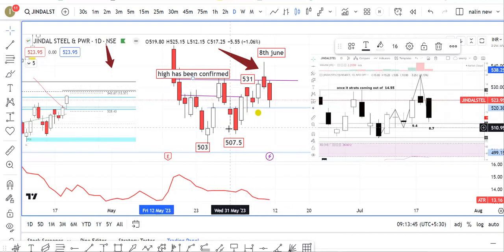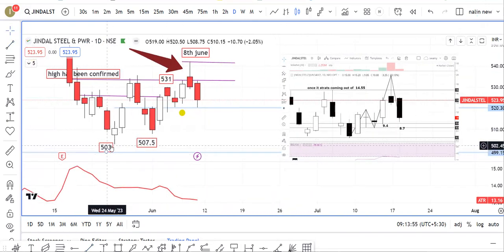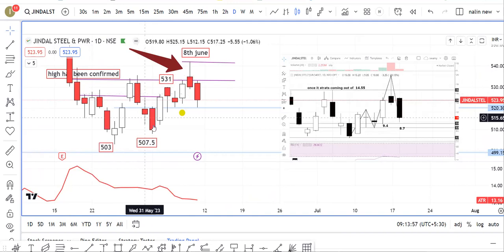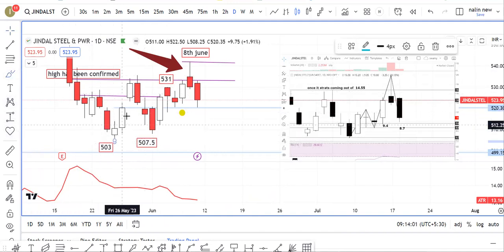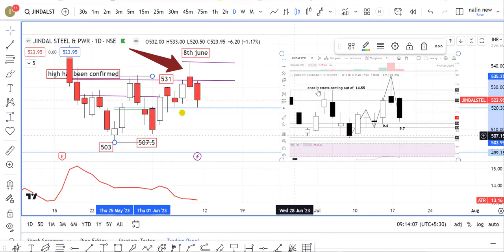Now, same reaction, this high has to be confirmed. I think it will get confirmed. Here, since it was the beginning of the trade, let me put the retracement to see how much it has retraced.